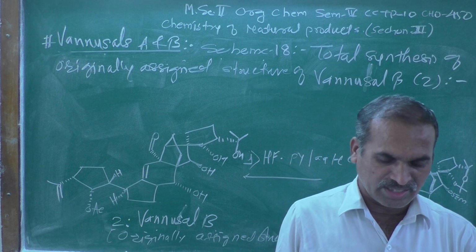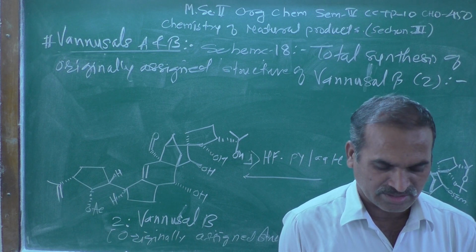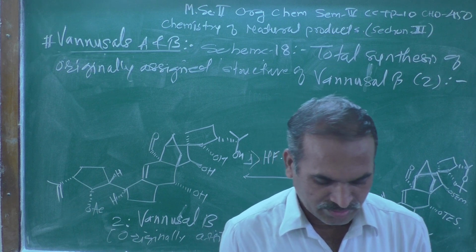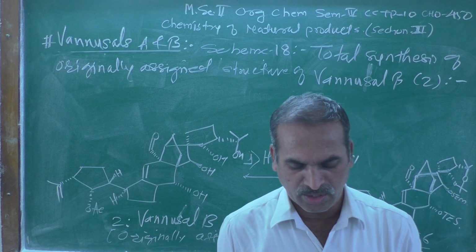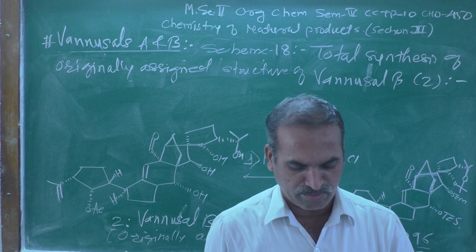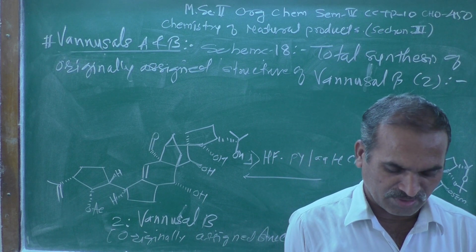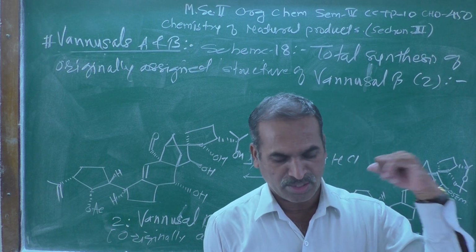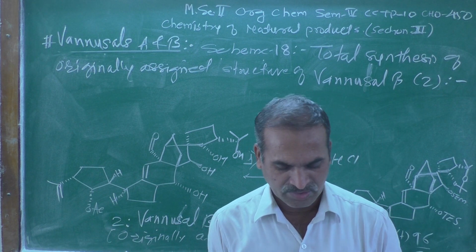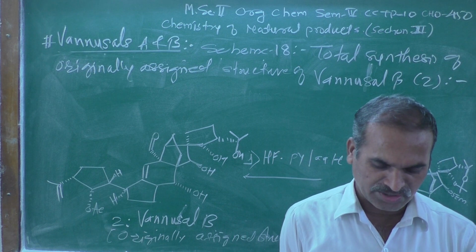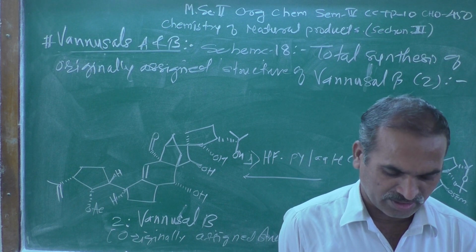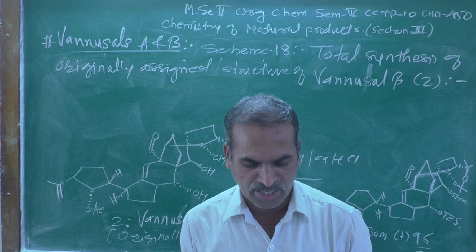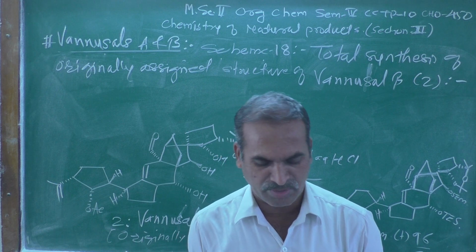With these encouraging signs, they proceeded to convert hydroxyolefin minus 90 and plus 91 to diene plus 93 as shown in scheme number 18.